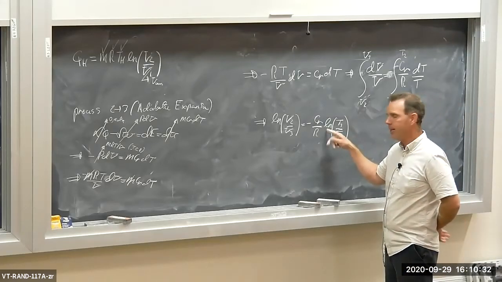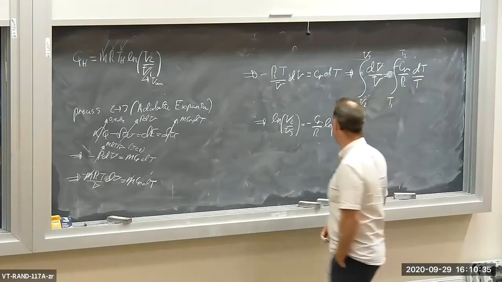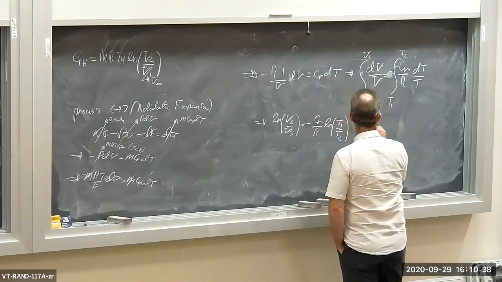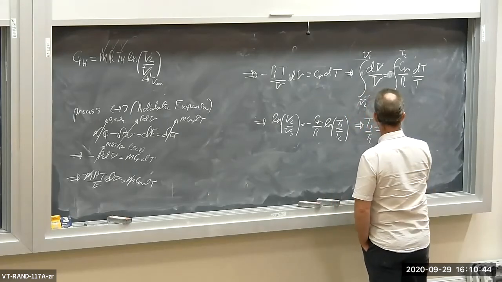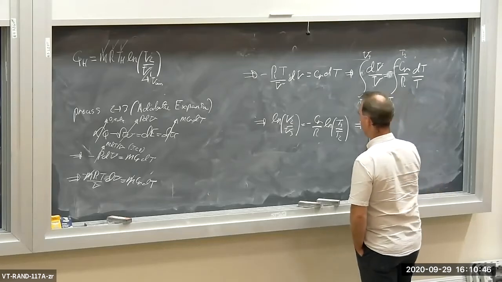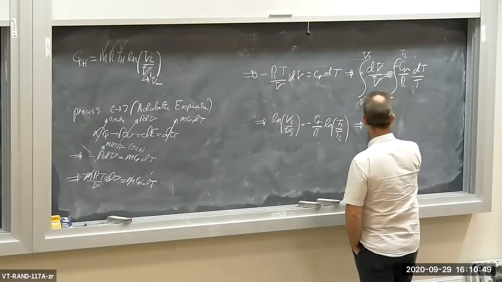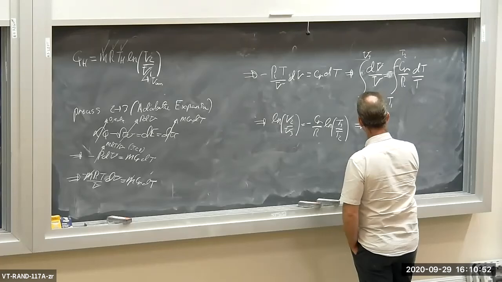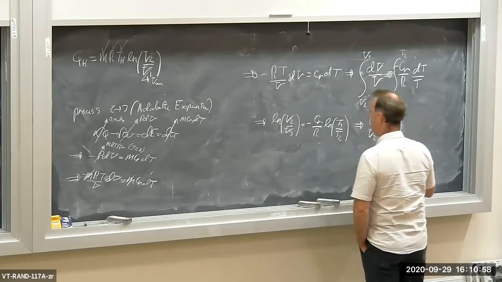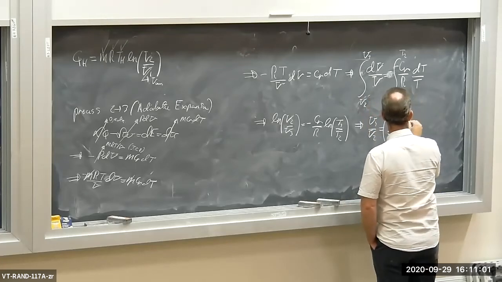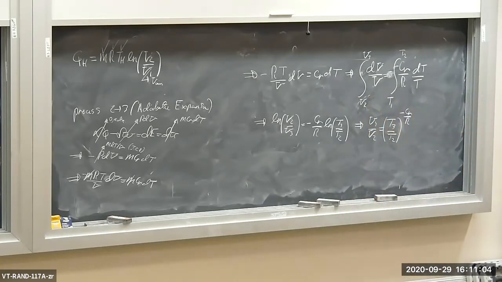And then I'm going to exponentiate everything. So V3 over V2 is equal to T3 over T2 to the minus CV over R power. So for the adiabatic process, the ratio in volume is equal to the ratio in temperature to the negative CV over R. That's what that's saying.